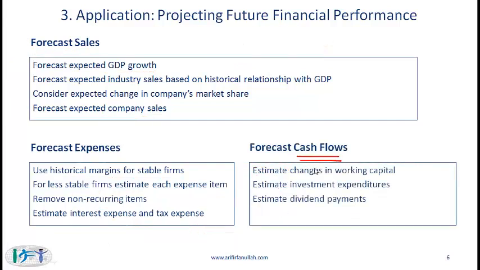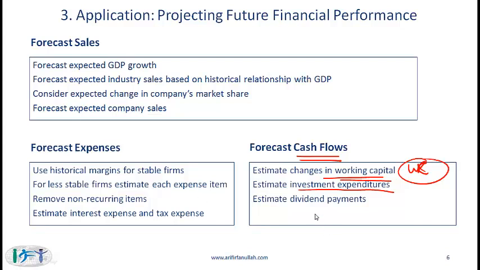To come up with cash flows, we also need to estimate changes in working capital. If our working capital, such as inventory, is going up, that is not reflected in the income statement, but obviously it has an impact on cash flow. So an estimate of changes in working capital is important. We should also estimate investment expenditures, because these will not be reflected in the income statement, but they also impact cash flow.